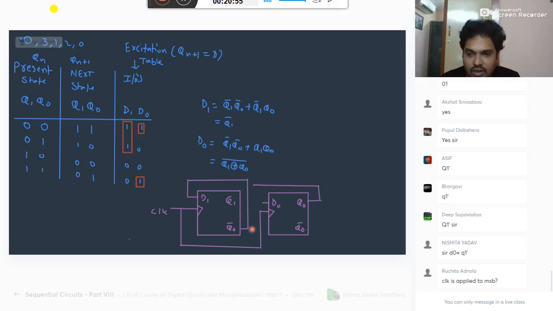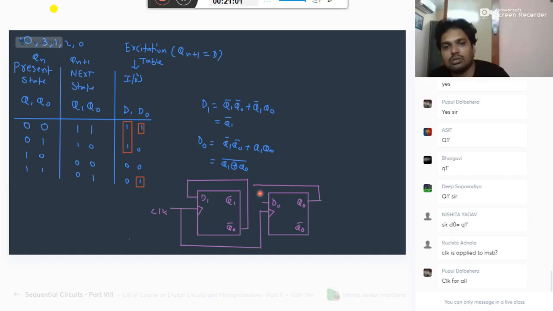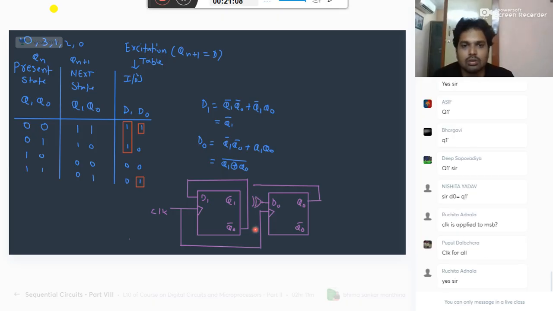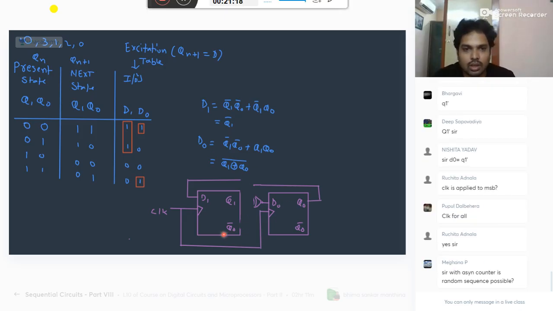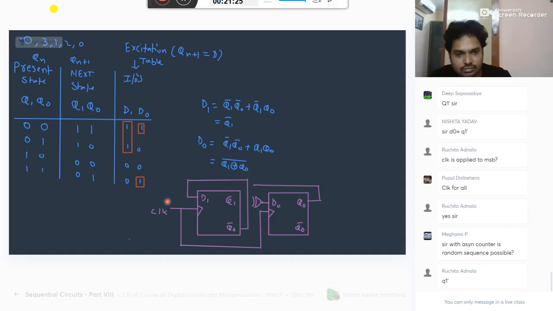Ruchita, that is for asynchronous. For synchronous, the clock is common for both the flip-flops. D1 equals Q1 bar.